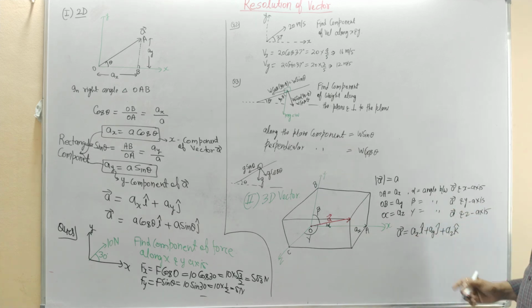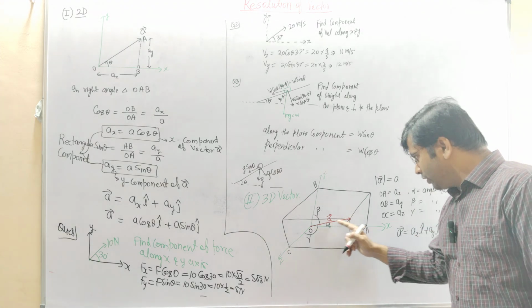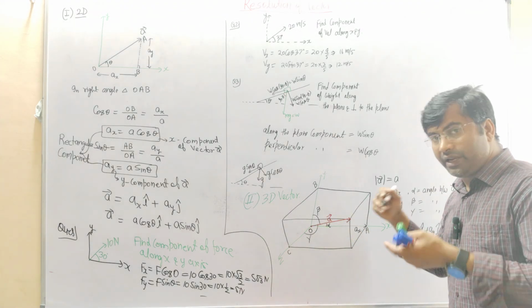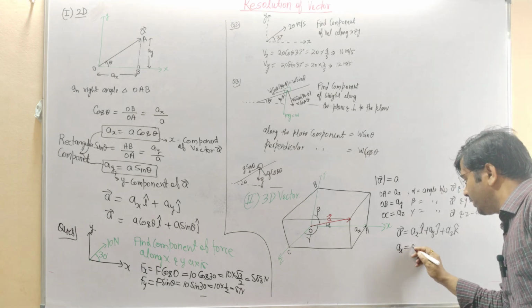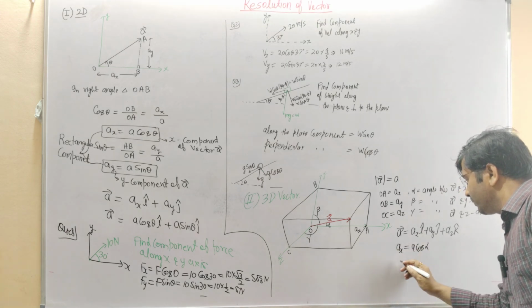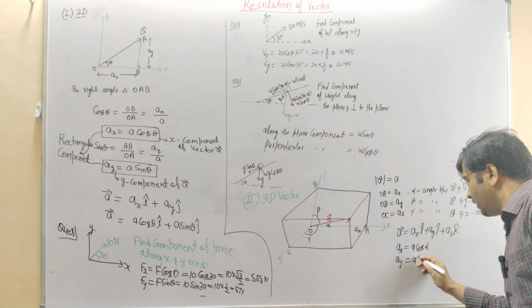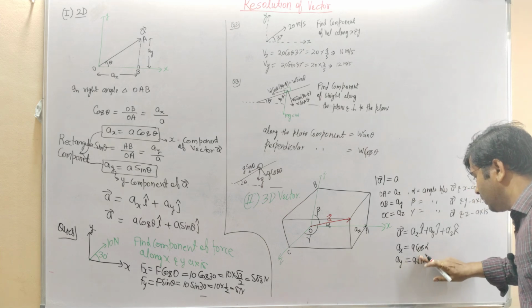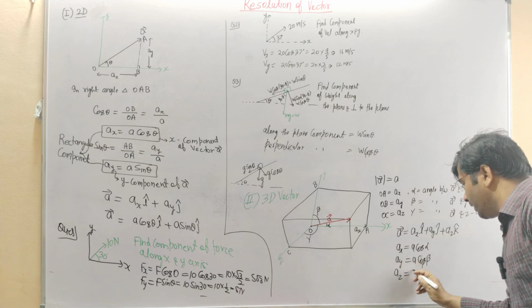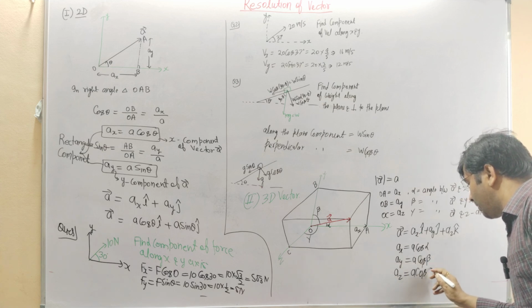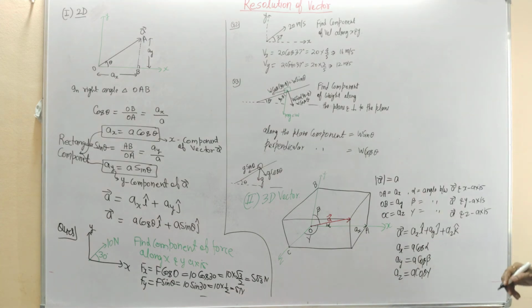This is vector A, so the length of vector A is nothing but A. So AX will be equal to A cos alpha, AY will be equal to A cos beta, and AZ will be equal to A cos gamma.